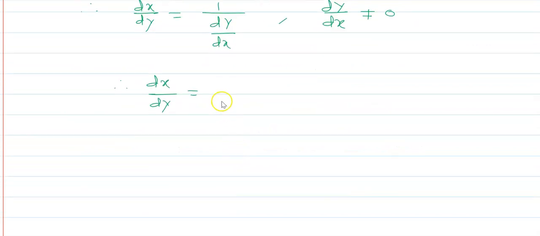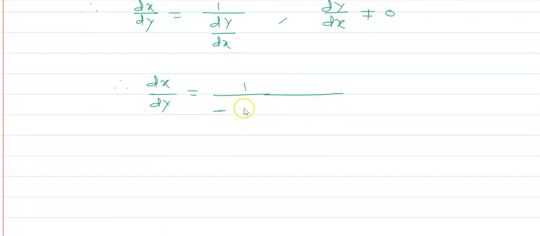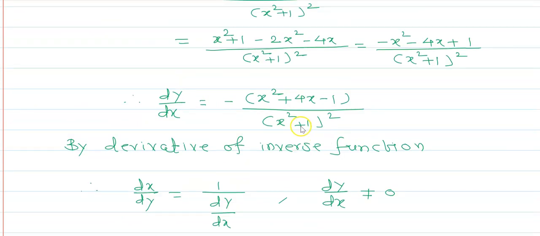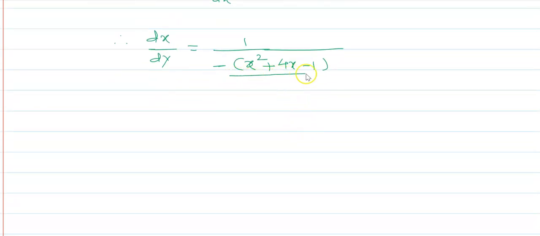That is equal to 1 upon minus in bracket x square plus 4x minus 1 upon x square plus 1 bracket square.